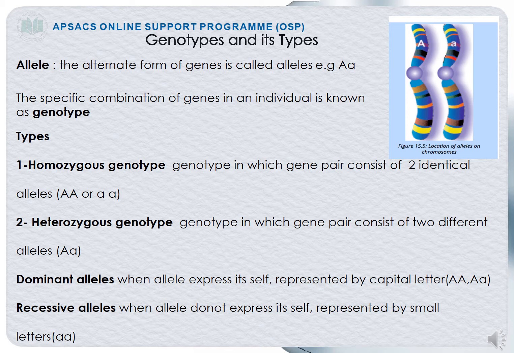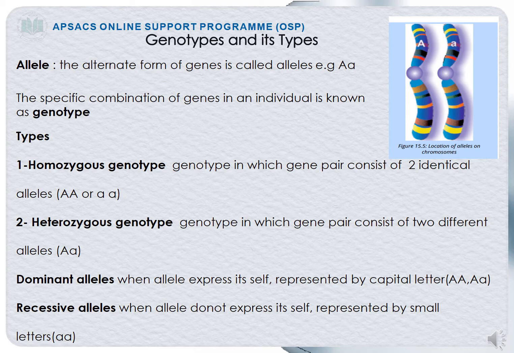The dominant allele will always dominate and will mask the expression of the recessive allele. So in homozygous genotype, you see here that this is a homozygous dominant gene pair and this is a homozygous recessive gene pair.